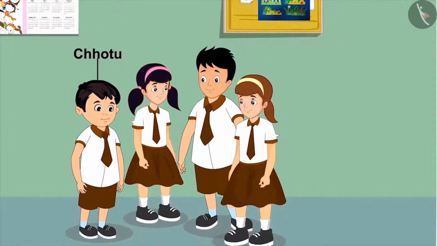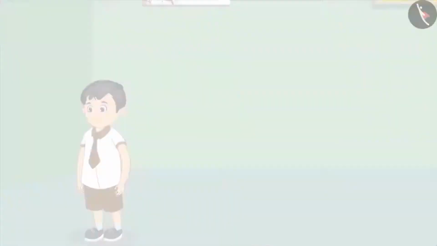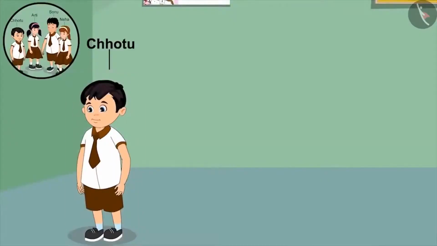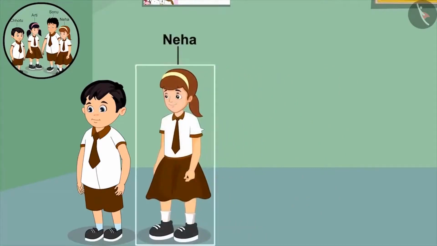Chotu and his 3 other friends, Aarti, Neha and Sonu, begin to stand in a line. First of all, being the shortest among all the 4 children, Chotu stands in front. Neha, who is taller than him but shorter than the rest, stands behind him.